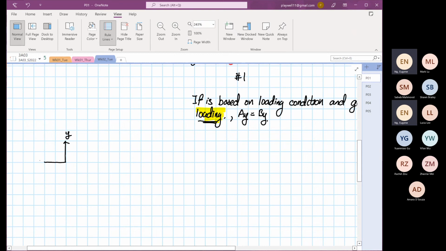So this is our y, and this is our z, and this is our rotation about x. Okay, and then we are going to sketch cross section number 1. Okay, so cross section number 1 looks like this.